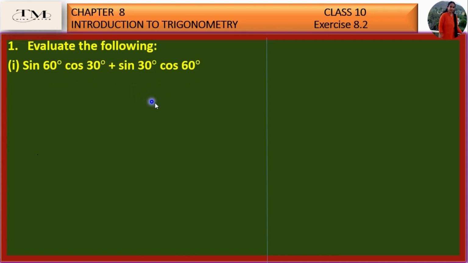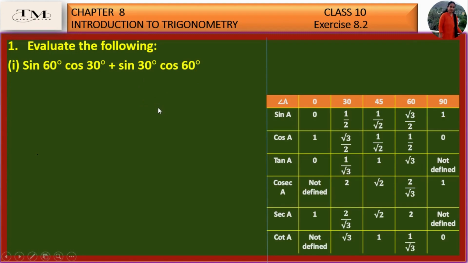Okay, children. What does the trigonometric table say? It gives the values. So this is the trigonometric table. For sin 60, the answer is root 3 by 2. So let us write root 3 by 2 into cos 30.